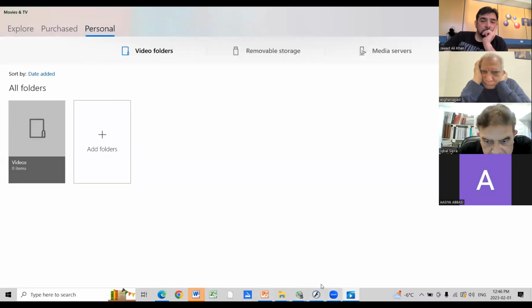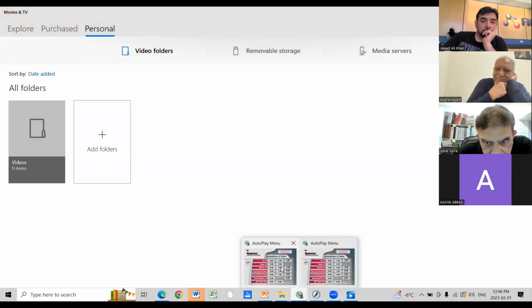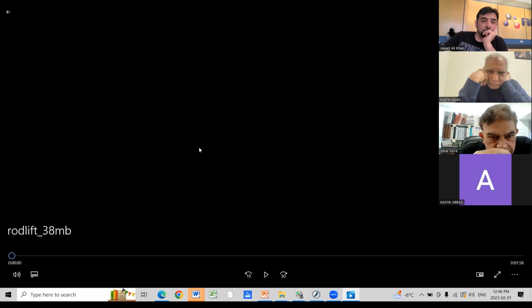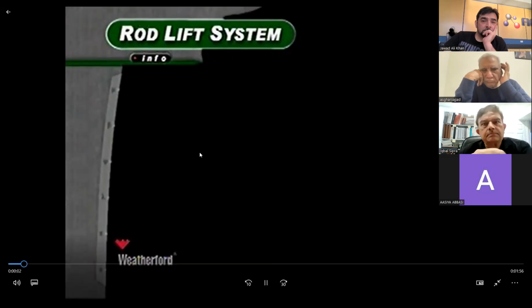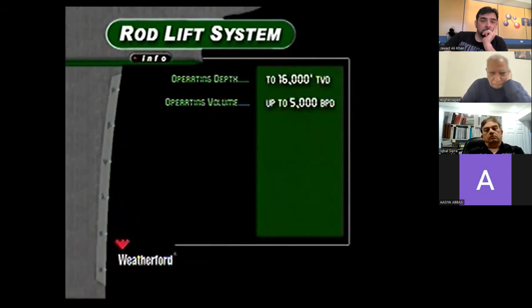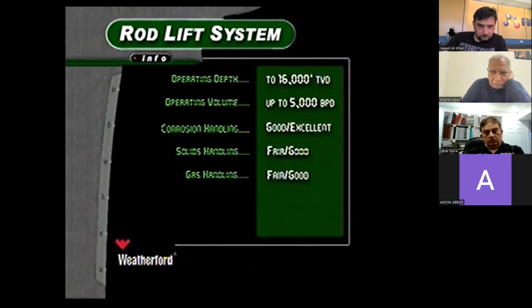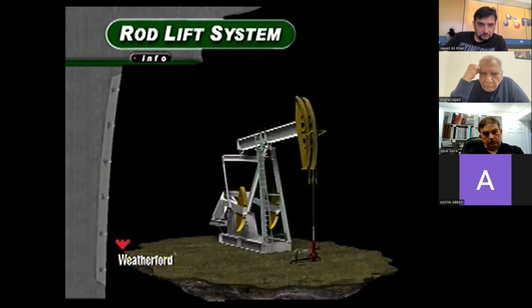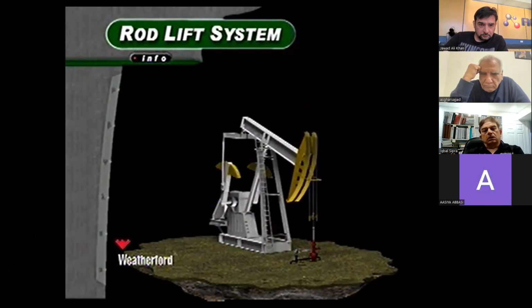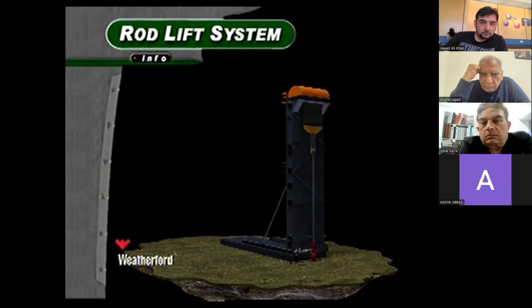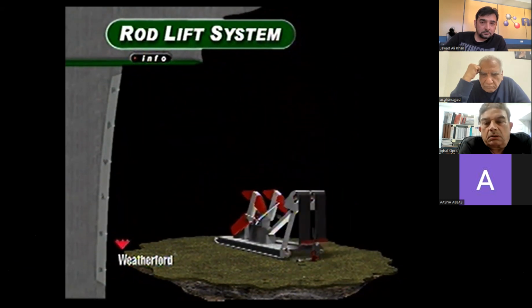Not last, but not the least. In our words, actually, they call it donkey pump, some will call it rod pump, some will call it beam pump, different names. This is the most old technology used in the industry.